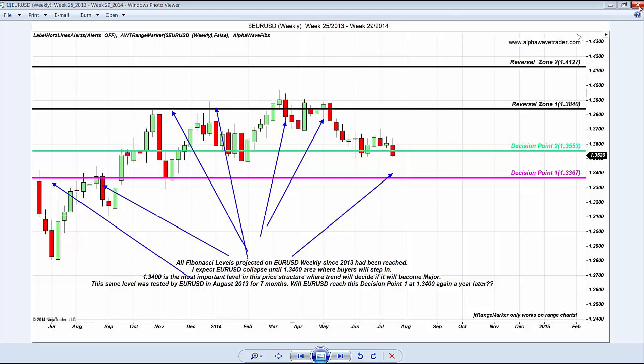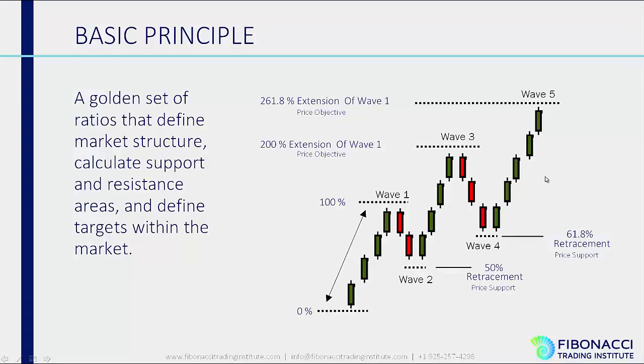But this is what I can teach you right now. This is the core to your trading. If you're trading a major trend, 5-wave formations are the key. Trend inception is the ultimate point of entry. If we're dealing with a minor trend, the trend will end at decision point 1.